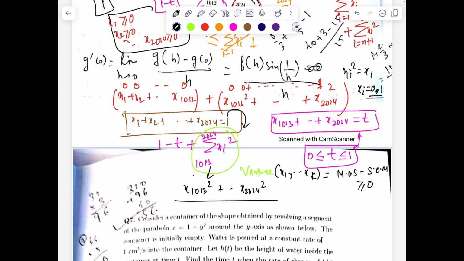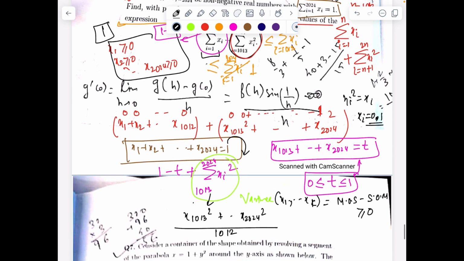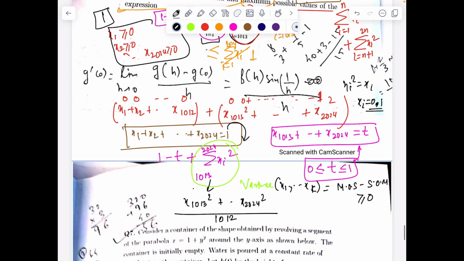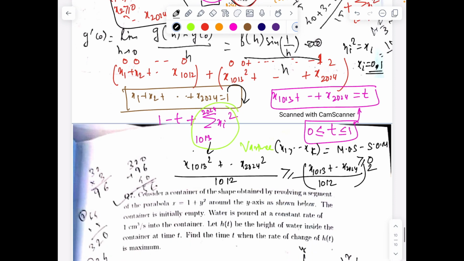So from there my inequality comes, I can say x1013 whole square plus and so on till x2024 whole square, divided by the number of objects here. So how many terms are there? From 1013 to 2024, so 1012 terms are there, right? It will definitely be greater than or equal to the square of its mean, so (x1013 till x2024 by 1012) whole square. I hope till here it's very obvious.